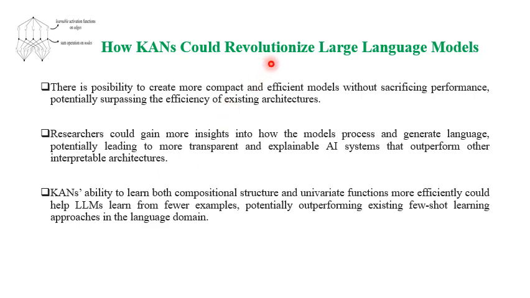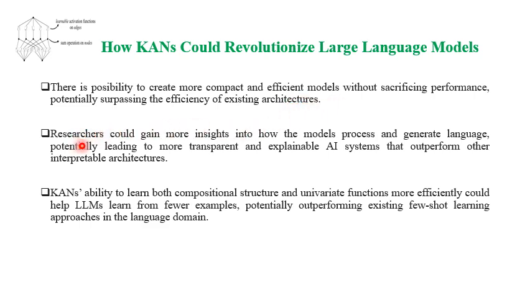How could KAN revolutionize large language models? There is a possibility to create more compact and efficient models without sacrificing performance. By merging in KAN, we can hope to have more compact and efficient models that can help us outperform the existing architecture for training large language models.